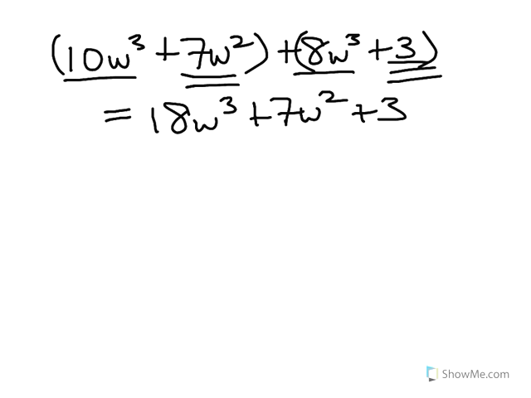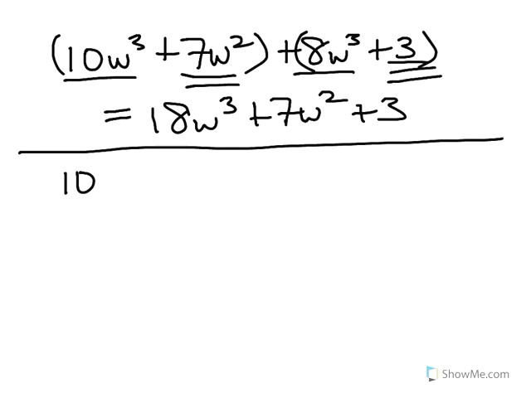This is a place where the vertical arrangement can really help you if you adopt one particular rule for yourself. And that rule is, if a degree in the sequence from the first term to the last term is interrupted by a lack of a term, you have to put a 0 in as a placeholder. Let me show you what I mean. If we were to organize this problem vertically, you'd write 10w cubed plus 7w squared, no trouble there.